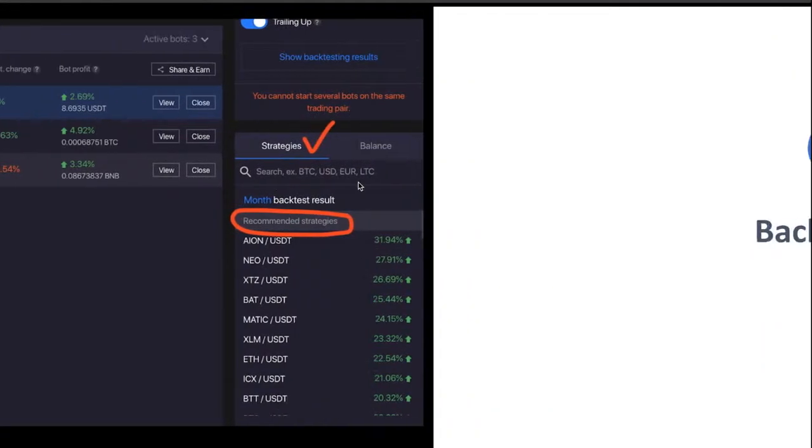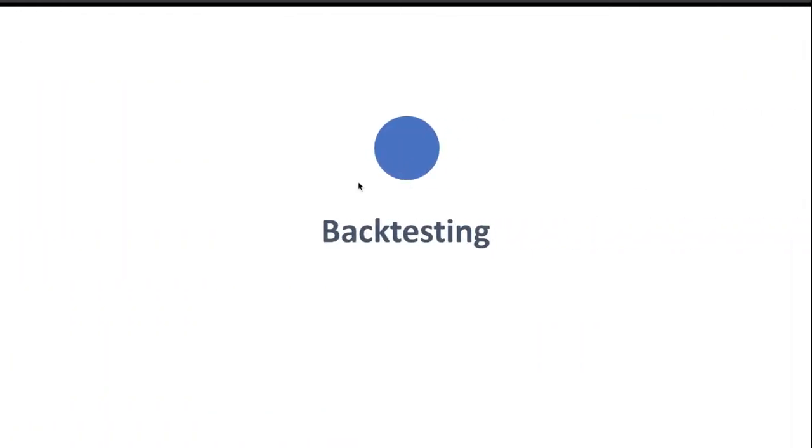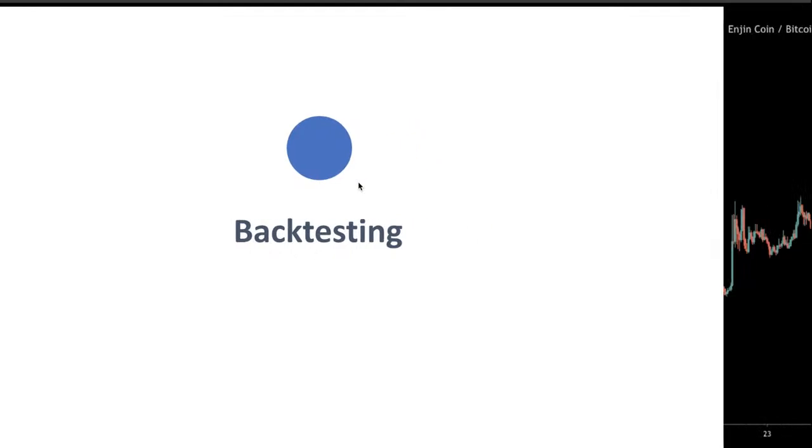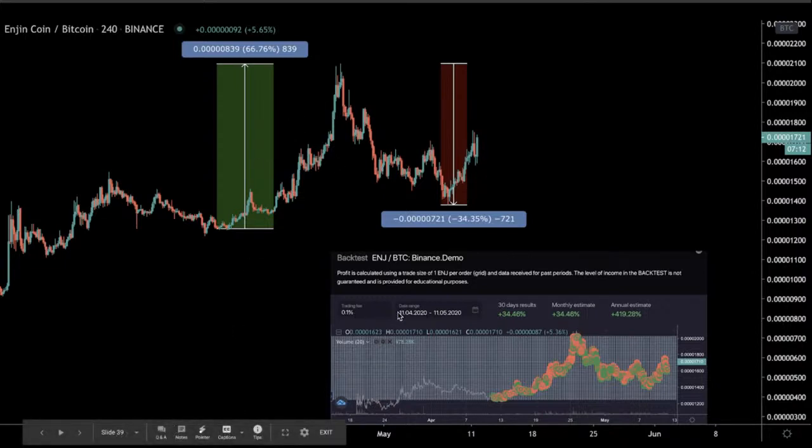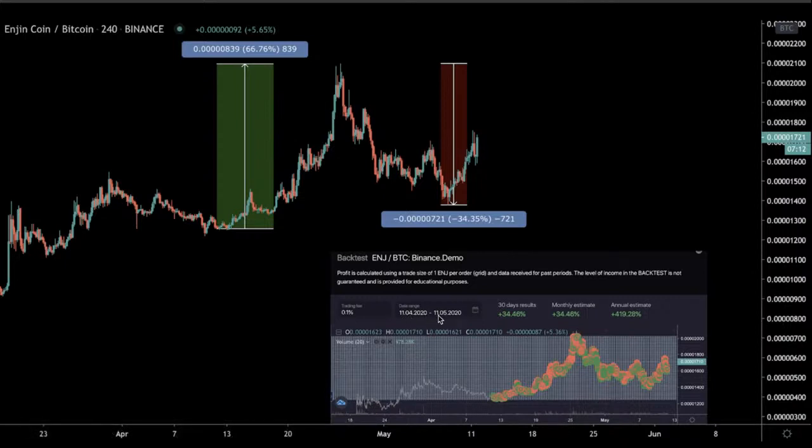So we come to the second source of ideas, which stands for backtesting, and I'm going to explain how to use it. Here you see I've selected the period from the 11th of April till the 11th of May 2020, and backtest stands for the performance simulation using historic prices.